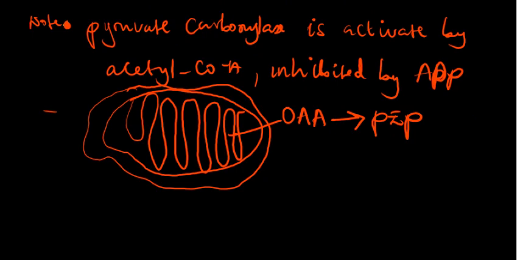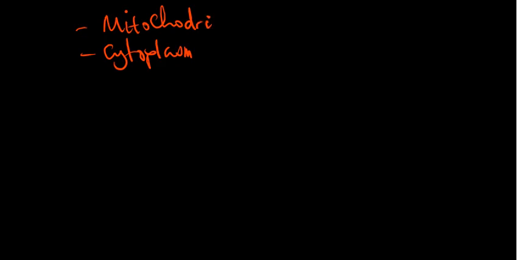The enzyme that catalyzes the conversion is found in both the mitochondria and the cytoplasm. These are the organelles where we find these enzymes. I'll just draw a diagram right here. This is your mitochondria, this is your PEP.